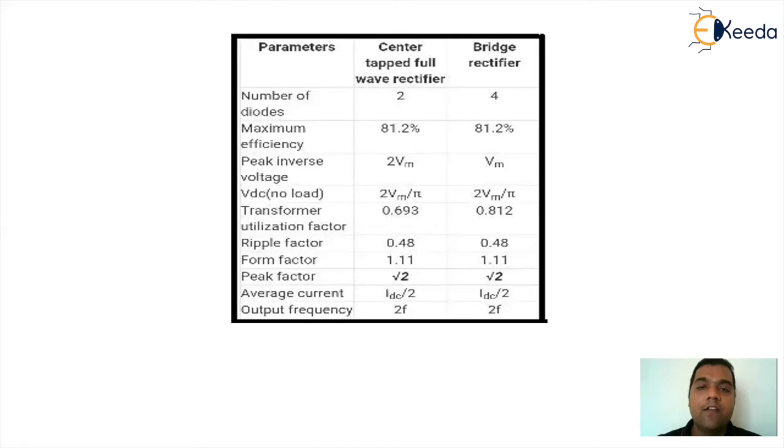The VDC value will be 2 Vm by pi in both the cases. The ripple factor is the same in both the cases. And when you see the output frequency, it is also the same in both the cases. It is 2f. Now why is it 2f? Because in one complete cycle of the AC input, you are getting 2 half cycles of the output. So eventually you are getting 2f at the output side.